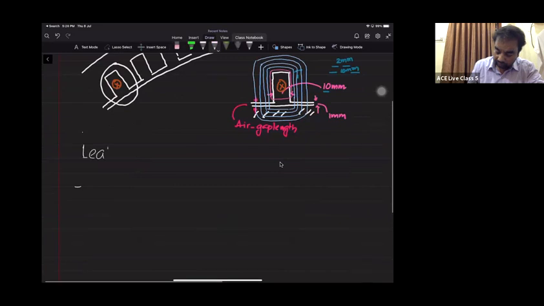Leakage flux lines are unuseful flux lines.